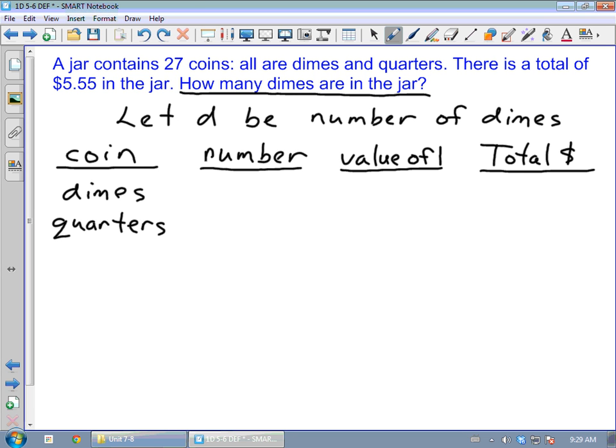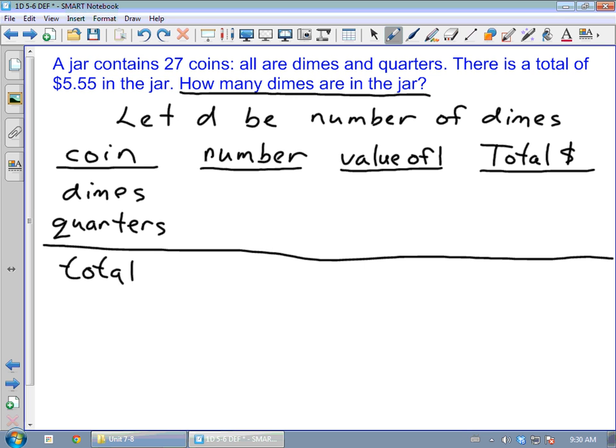Okay? And we want to try to fill in as many of these little boxes in our table as we can. And I'm going to add another one down at the bottom here. I'm just going to put a big line across here, and I'm going to say the total. So for instance, the total number, or the total dollar value of all this stuff. So we're given that we have 27 coins.